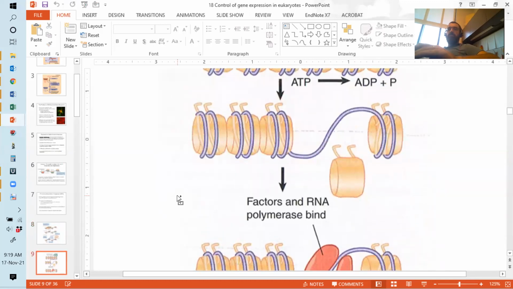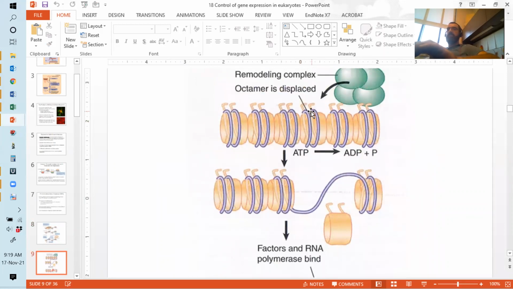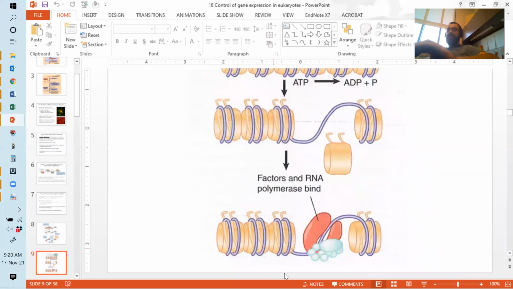You can also just kick them off, right? So in using these CRCs and ATP, you can physically remove an octamer, one of the 8 histone units that makes up a nucleosome. And so that, again, same outcome, makes that DNA available for other proteins to bind to it.